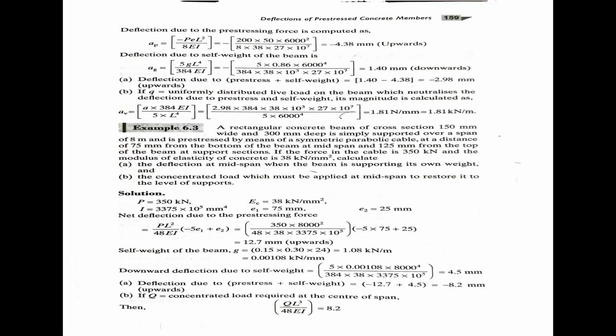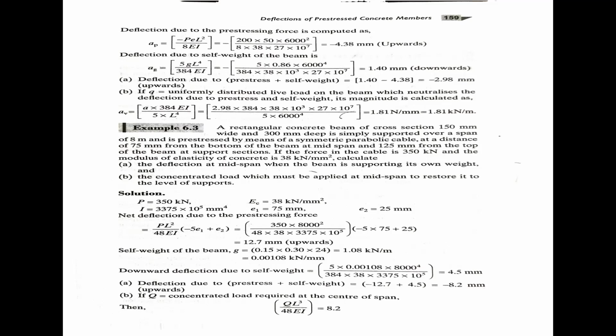Now write the given data: P equal to 350 kilonewtons. Next, write the modulus of elasticity of concrete and calculate the second moment of inertia.